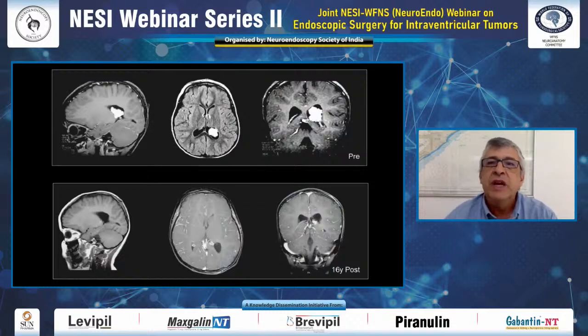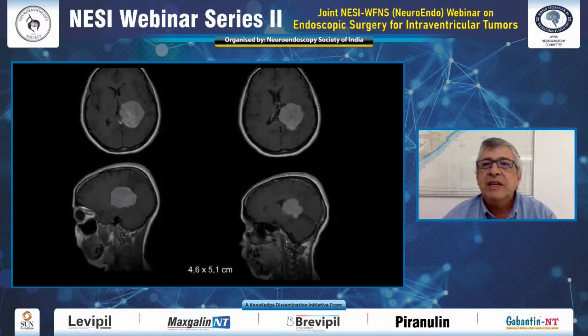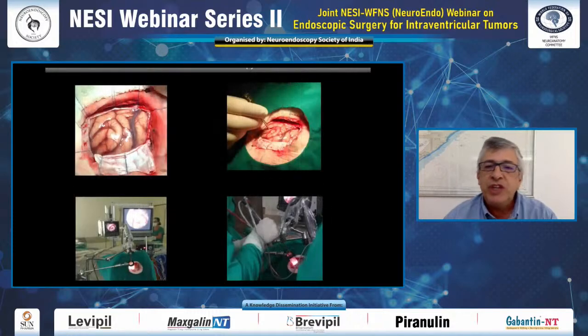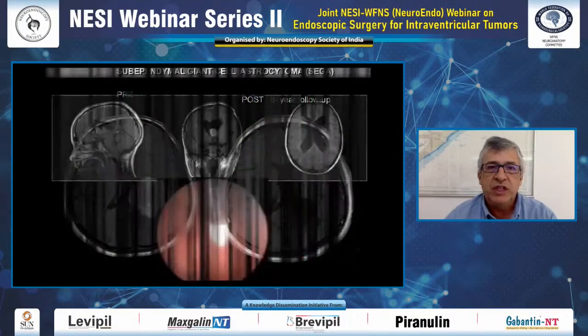So you can remove all the choroid plexus papilloma by endoscopy. But look at this case, it's a large tumor. Again, the ventricular carrefour. In that situation, you can use combined endoscopy. You can use an assisted endoscopy to try to completely remove this lesion.